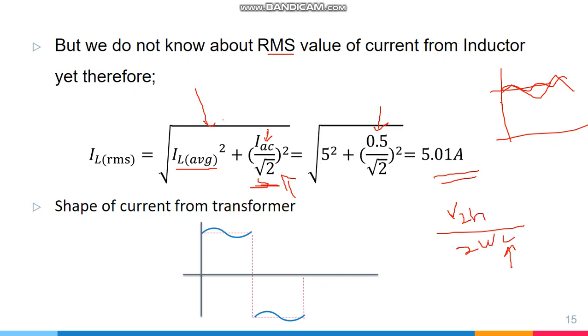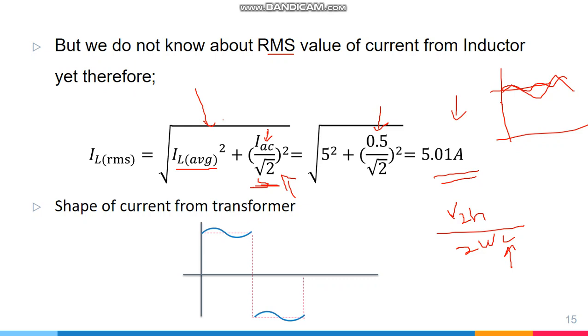So in those cases the RMS value will be higher compared to the average value, or we can say that the difference will be more prominent.